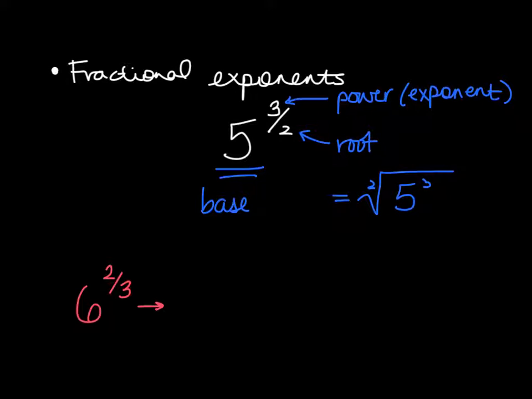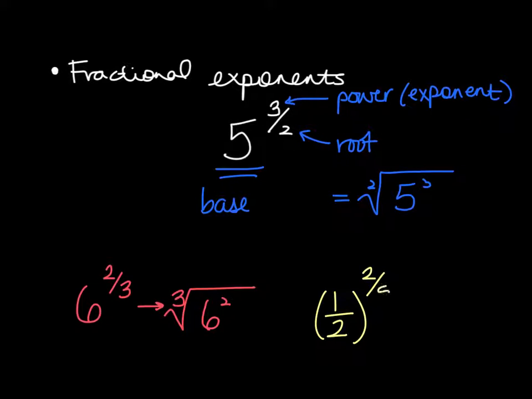The bottom's the root, so cube root of 6 squared. I'll do one more. If I have 1/2 to the, I'm just making up numbers here, 2/5, the bottom is the root, so that means the 5th root of 1/2 squared.